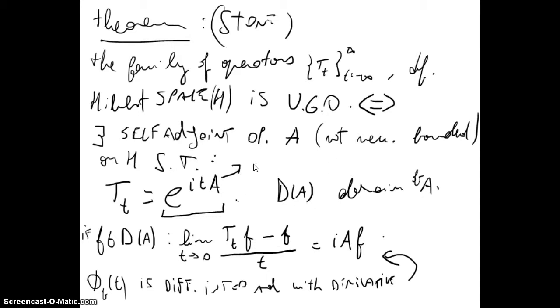A is called the infinitesimal generator of the unitary group.